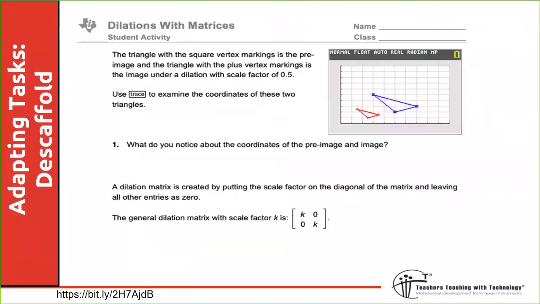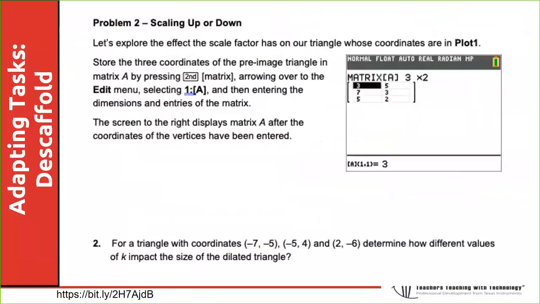So on the next slide, we took problem 2 and shrunk it down into just this one question. It may not be the best worded question that I've ever come up with, but using that triangle, and I stuck with this triangle because the original page had students practice entering in this triangle, if I remember that original page correctly.